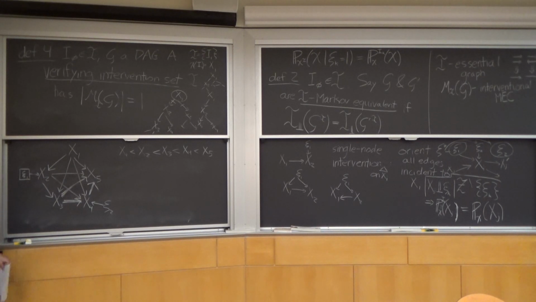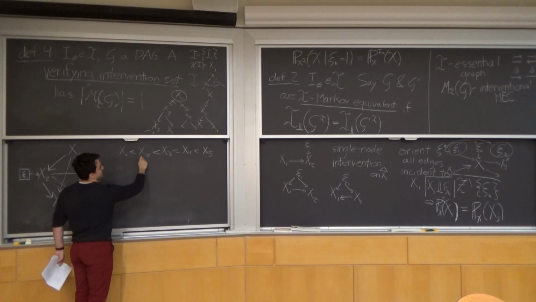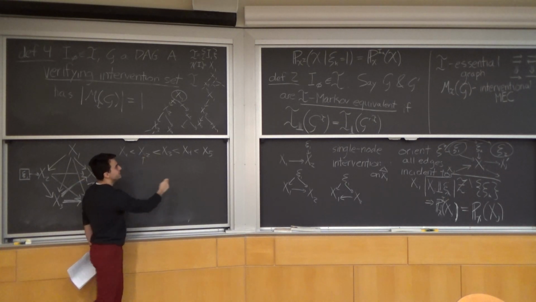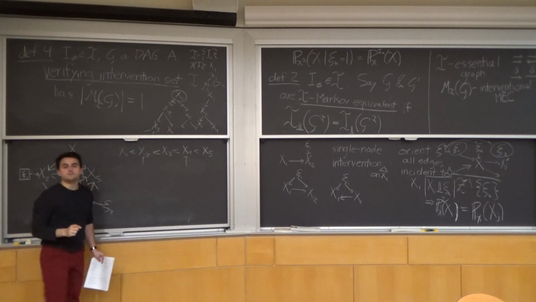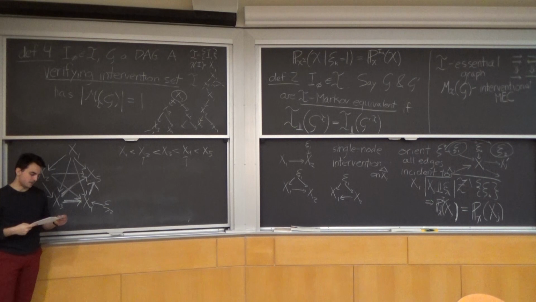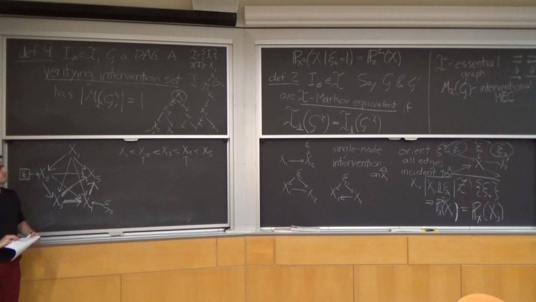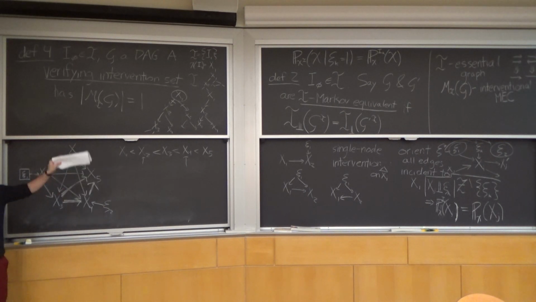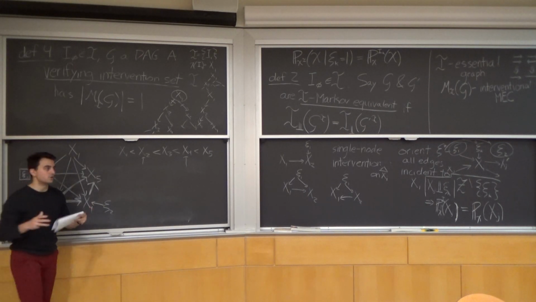And we'll see in general with a clique that a verifying intervention set will be all of the even numbered nodes in the topological ordering. Okay. And we'll have a nice way of uniting these two cases, just generalizing to all graphs.